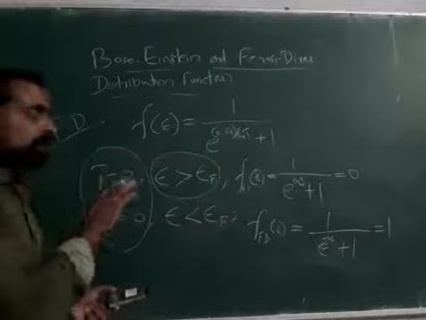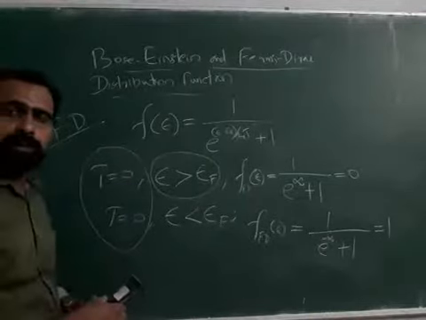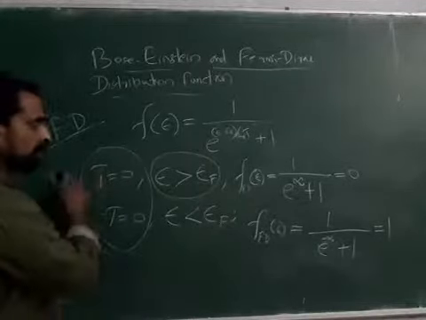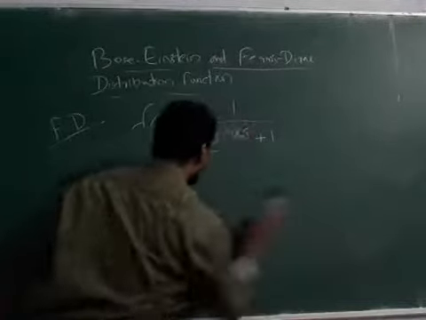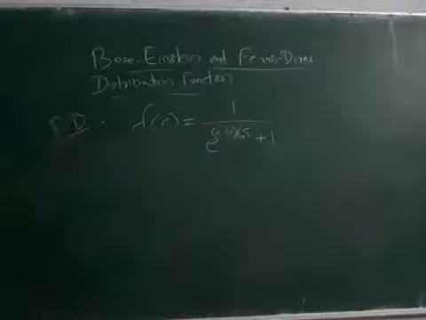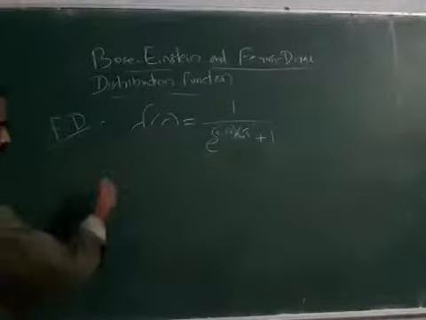First of all, you can draw the Fermi distribution function at absolute zero. How does it look? Actually it looks like a step.